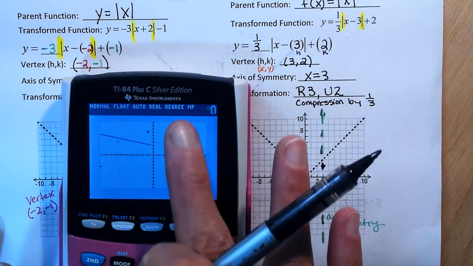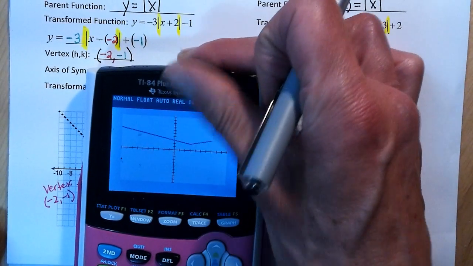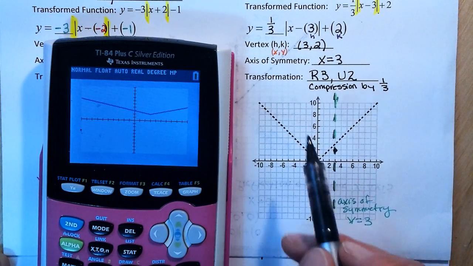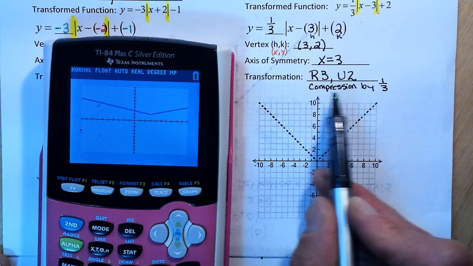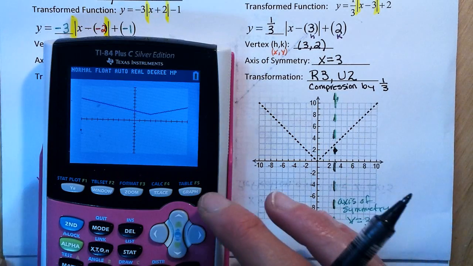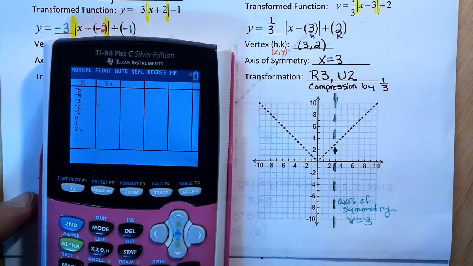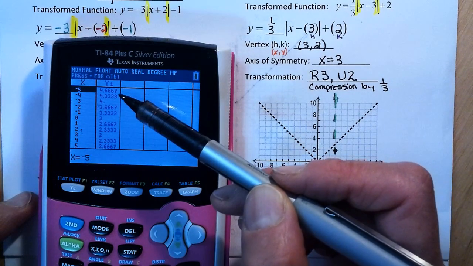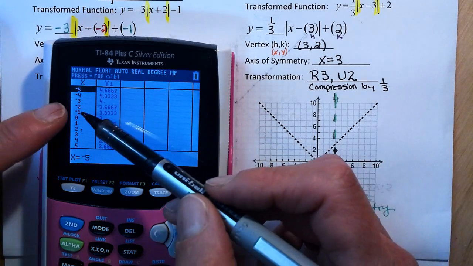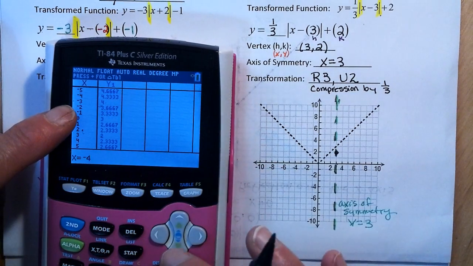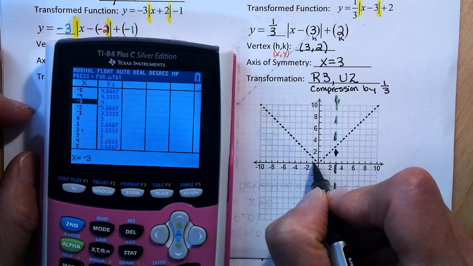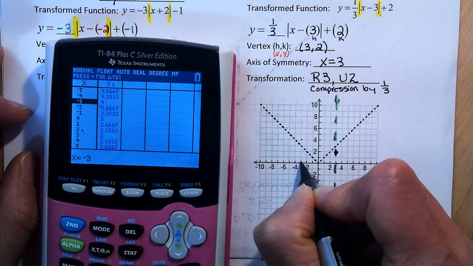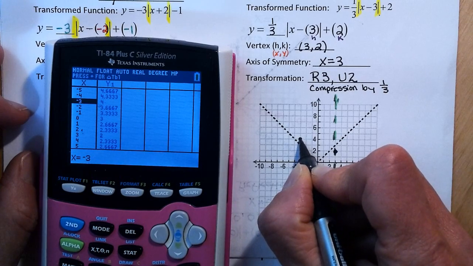There was no reflection, but it looks like it's been really pressed out. Okay, it looks really pressed. So my compression was correct. So let's go ahead and go to our table. Again, I am not going to graph these decimals. So I'm going to pick -3, 4. So -3, 4 is right here.